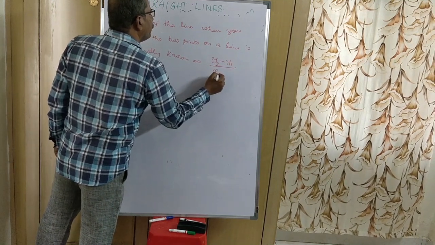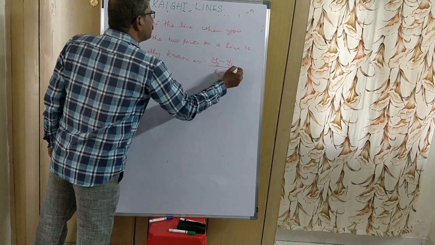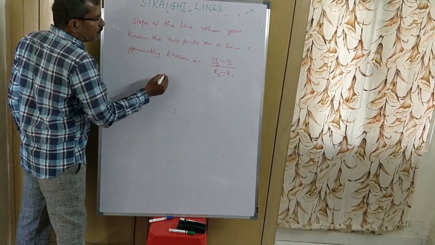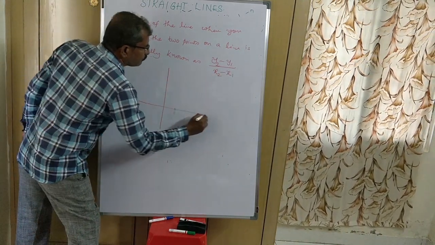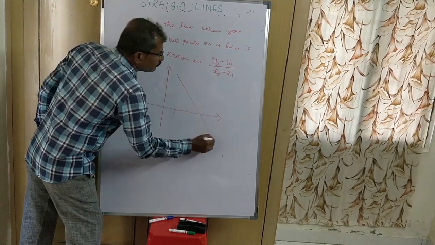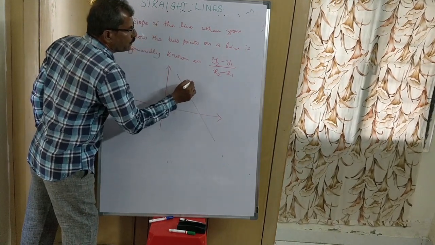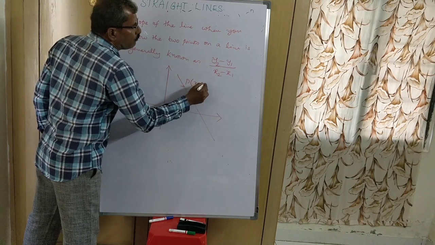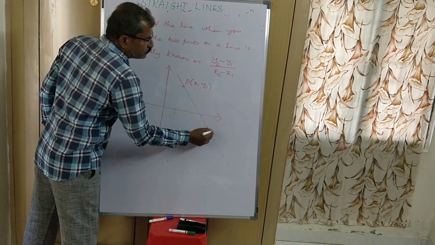The two points are, say, P x1 comma y1 and Q x2 comma y2, which are known.